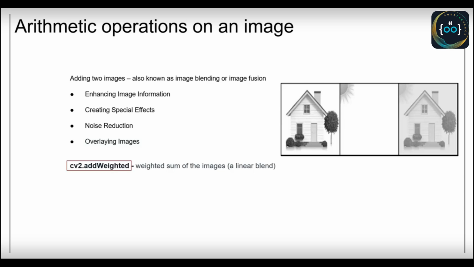We will use the CV2.addWeighted function, which is a weighted sum of the images, a linear blend basically. This can be used to decrease or increase the influence of the respective images on the result and can even involve negative weights, potentially useful in algorithms to highlight the differences between two images.